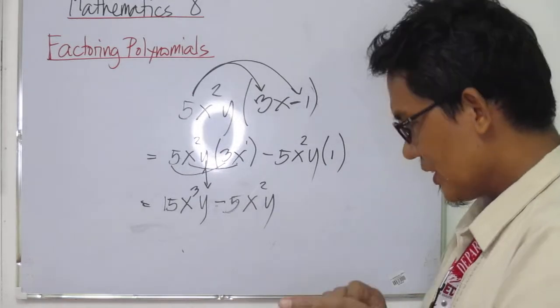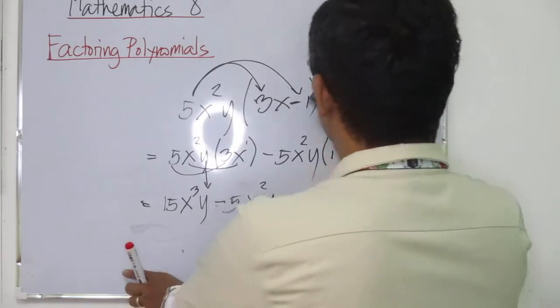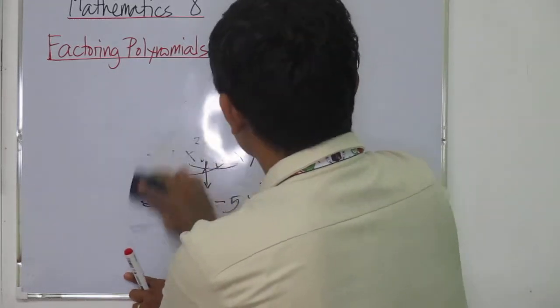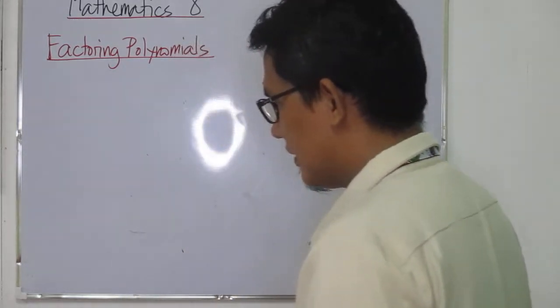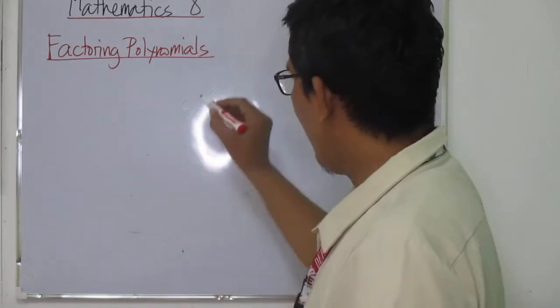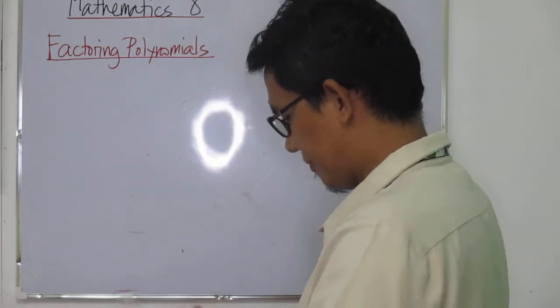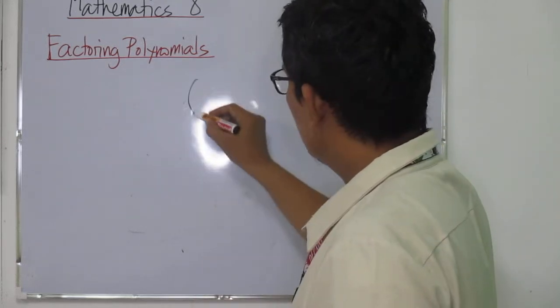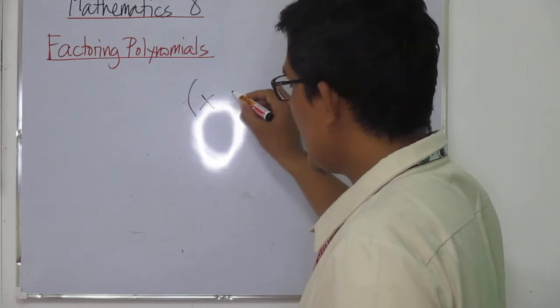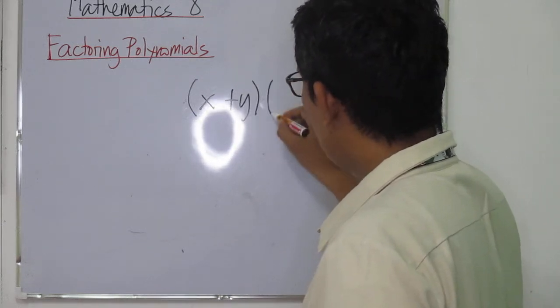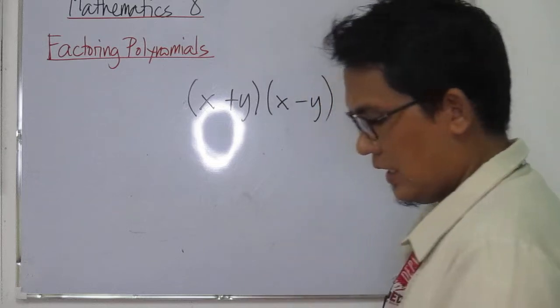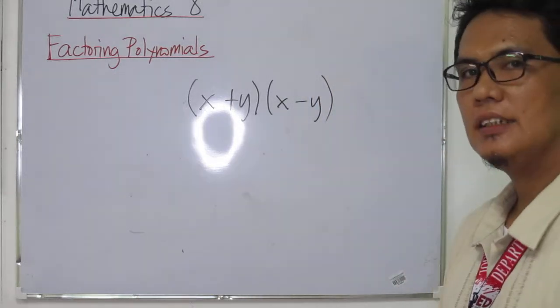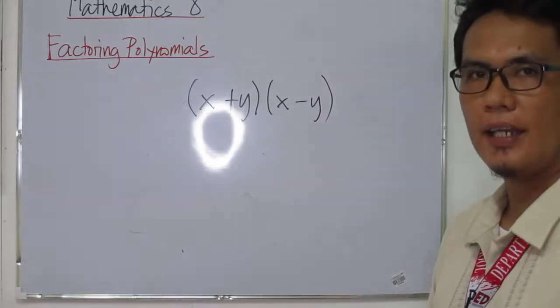Okay? So last example. What if we have this one? We are going to multiply binomials: x plus y times x minus y.